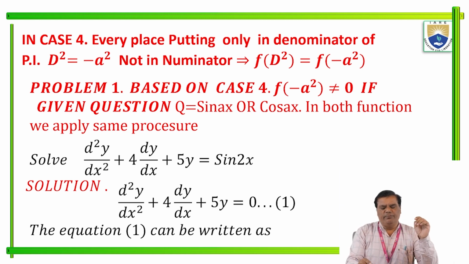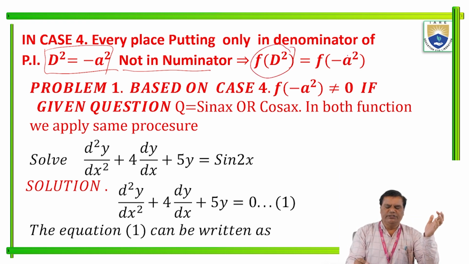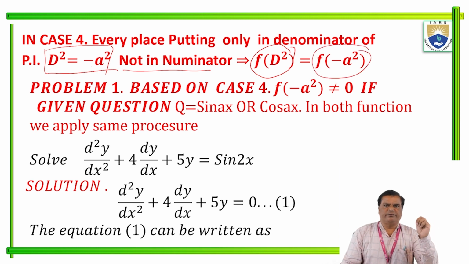But only in the denominator do we put d square equal to minus a square, not in the numerator. The condition is f(d square) equal to f(minus a square). The function is in d square, and we put d square equal to minus a square.